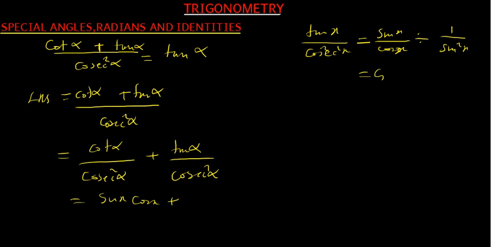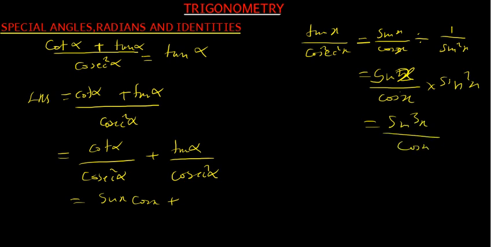So I can write this as sin x over cos x, multiplied by sin squared x. For this one, none is going to cancel. So what we are going to have is sin cubed x divided by cos x.